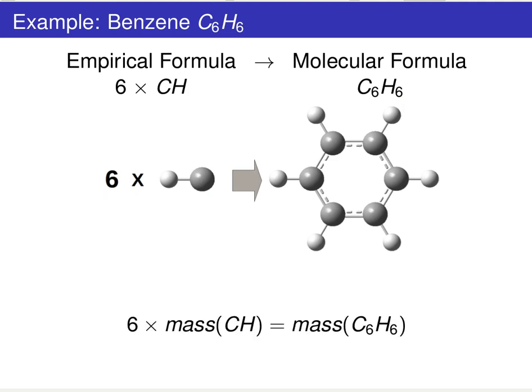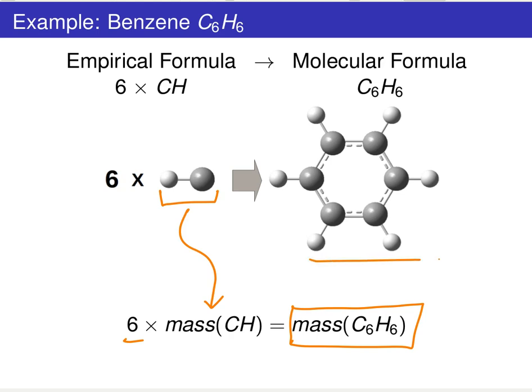And so if we translate this into mass, if we took the mass of one of these CH units, then we would have to multiply that by 6 in order to recover the mass of that entire benzene molecule. This is readily observed by just looking at the molecule of benzene and saying, well, of course, we're going to have 6 of these little units in order to build the whole molecule.